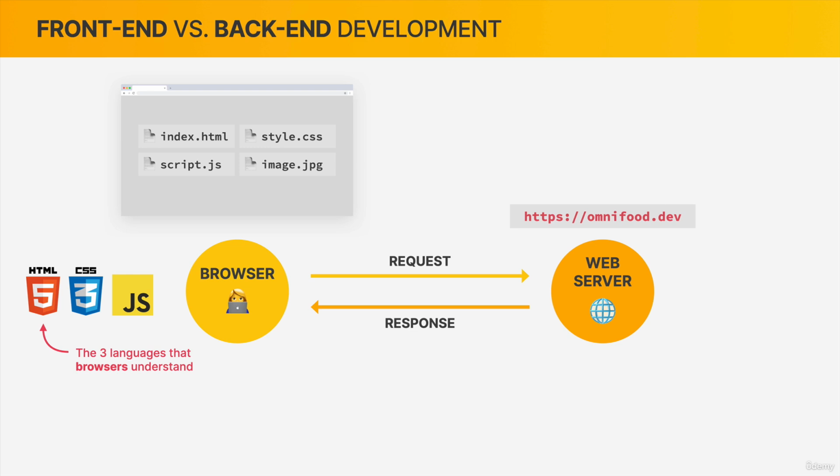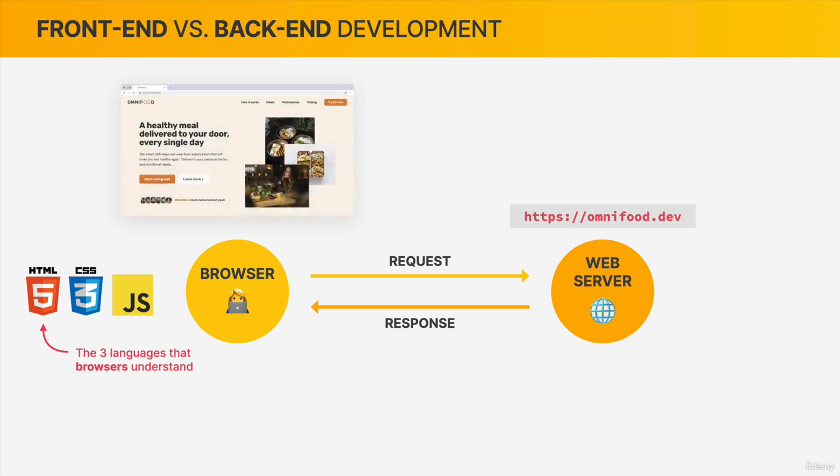Because, again, these are essentially the three core technologies that any browser can understand. All right, now once the browser receives these HTML, CSS, and JavaScript files from the server's response, it will take the code and render the website that we were trying to access, based on that code.